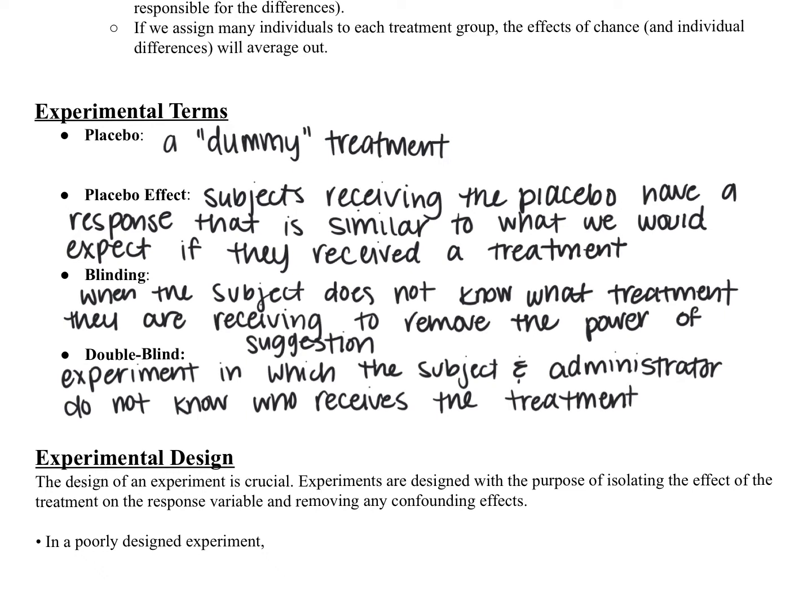So this helps eliminate bias on the administrator's part. So if they know someone personally in an experiment they're performing, they won't give them the drug that they think is going to help them. So it helps to eliminate bias on the administrator's side of things, whereas blinding helps eliminate bias on the subject side.